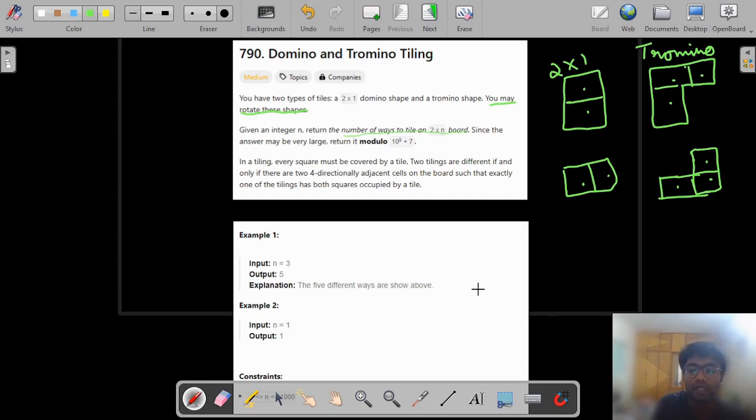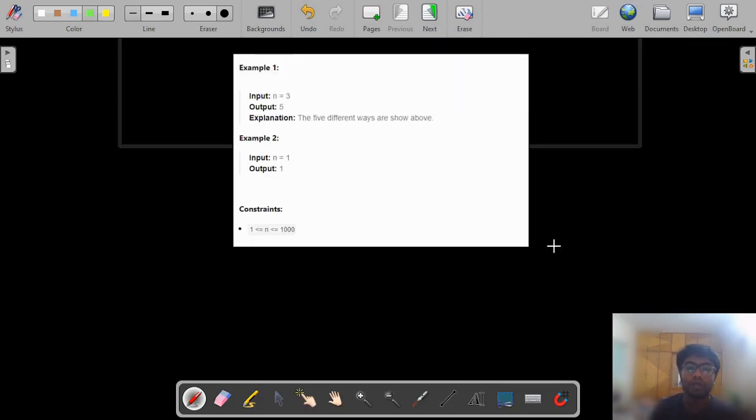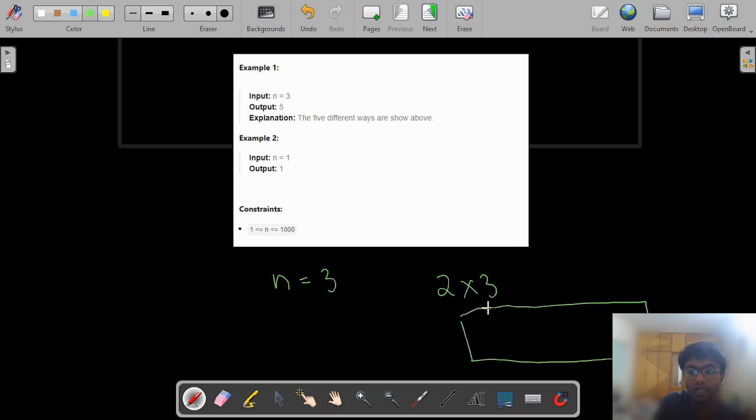So let's look at the example and see how to solve this problem. In example 1, we are given n equals 3. That means a 2 cross 3 board. So let's say we would be having 2 rows and 3 columns, 1, 2, and 3, and 2 rows.